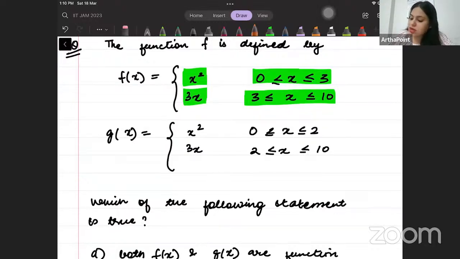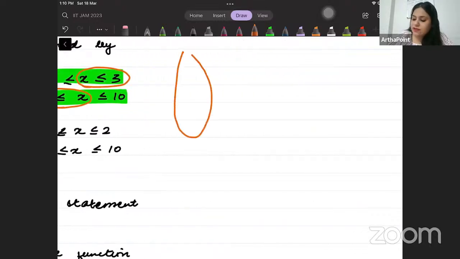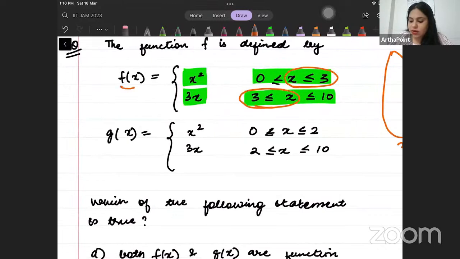If I talk about any function, I must have the domain and the range: some x's, and the value that the function takes, which is f of x. So this function f of x has x equal to 3 here also and here also. Just remember this much for now.